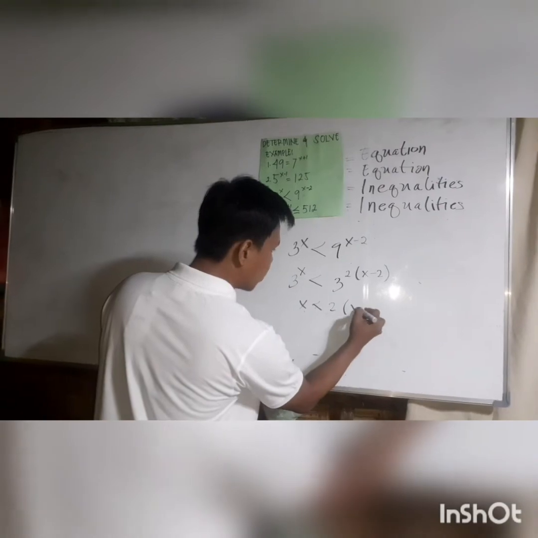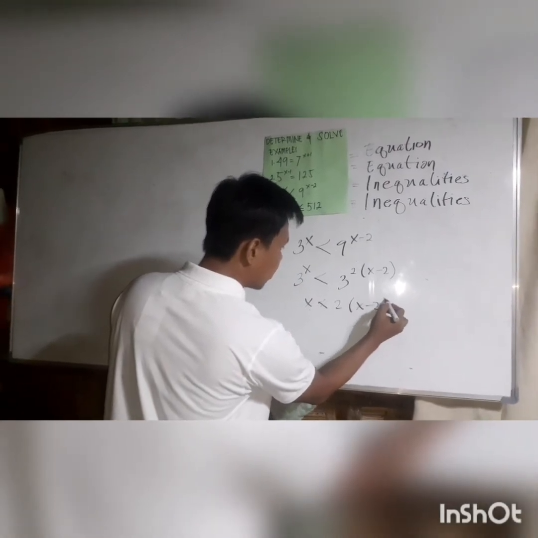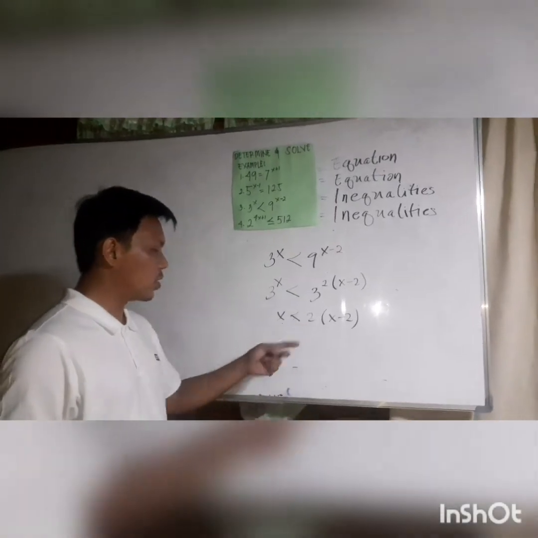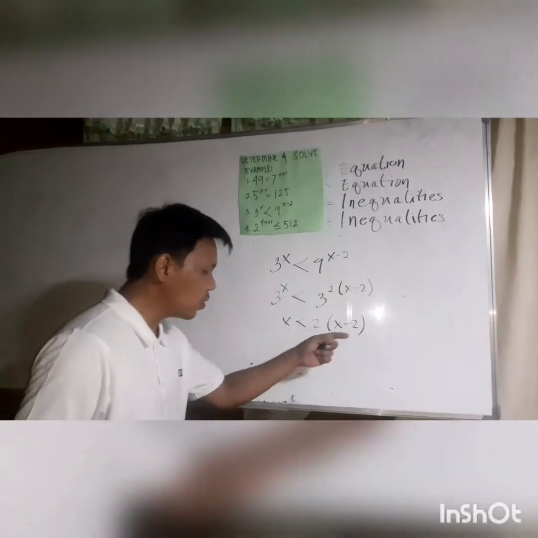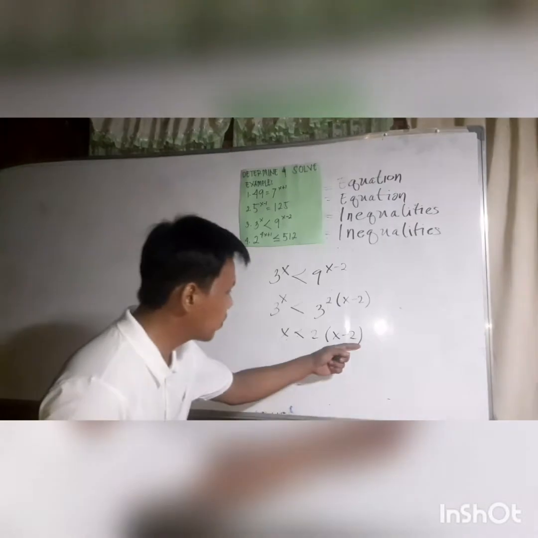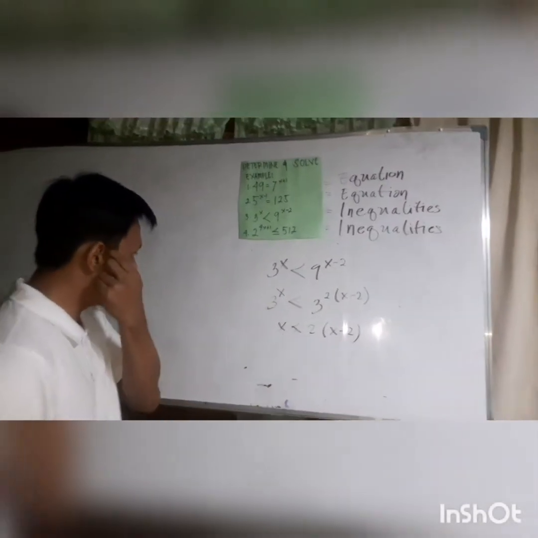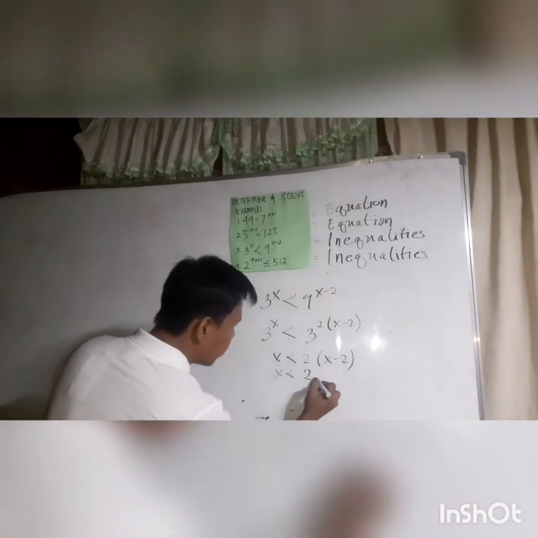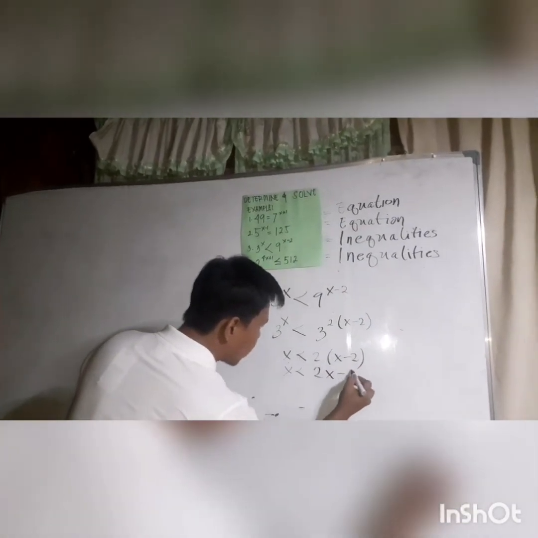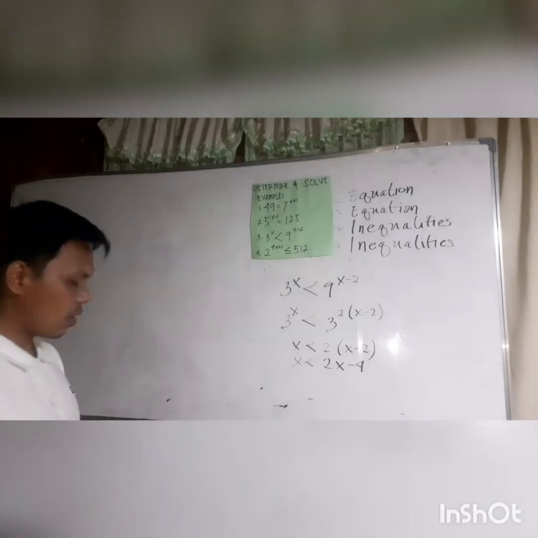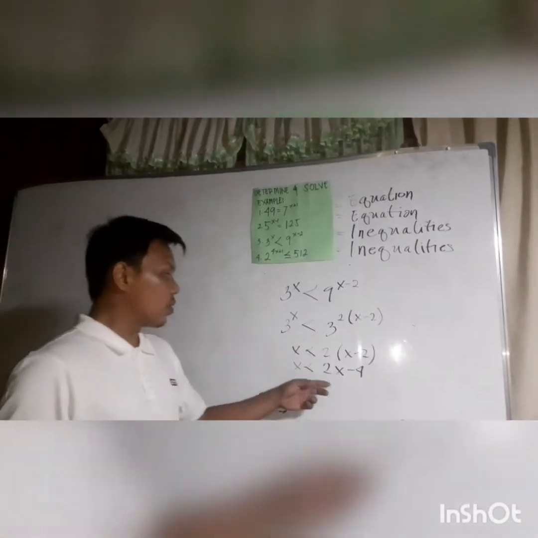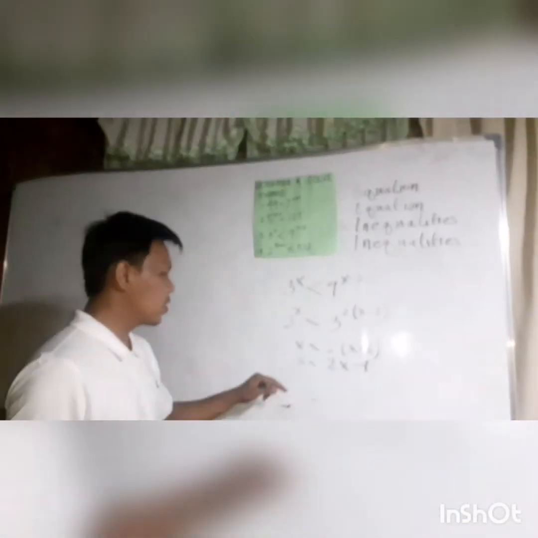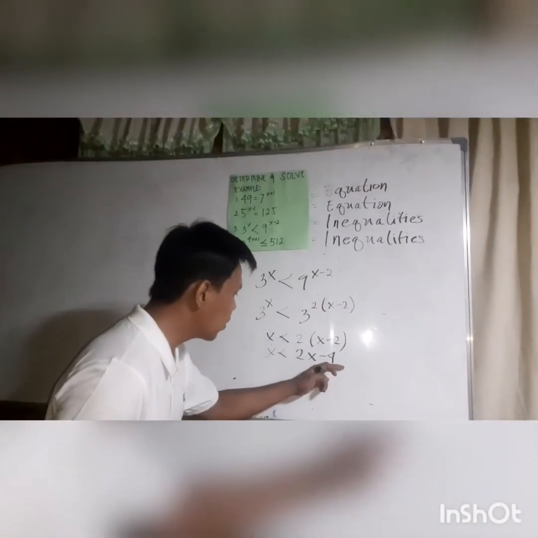So first thing to do is multiply this 2 to the inside value. Now x is less than 2x minus 4. Okay. Same process with the exponential equations.